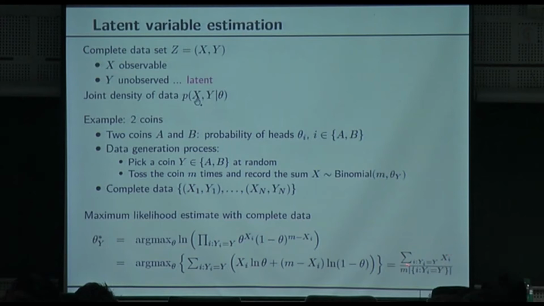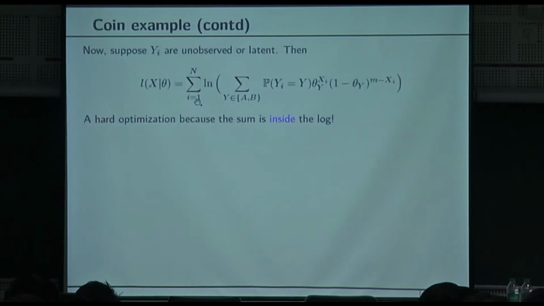Now I have had many different experiments. How many different experiments? The number of times yi was equal to A, let's say. So I take the sum of xi's where yi is equal to A divided by the number of times yi was equal to A and m. That gives me theta star y. For those of you who are finding this a little bit rusty, the notes are there, you can look it over again. Right now the only thing I wanted to focus on is that if I tell you the coin, computing this number is trivial. Just arithmetic. Okay. All right.